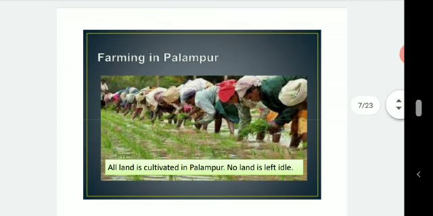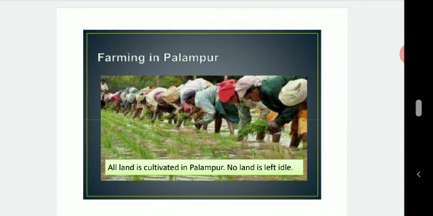Like we have learnt, farming is the main activity in Palampur. All land is cultivated here, and no land is left idle. So, now let's think about how to increase the production of crops from the same land instead.